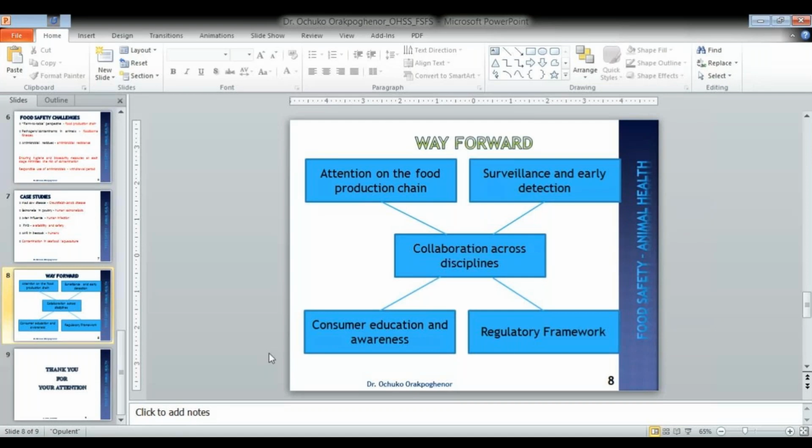Because I believe when there's awareness, people will get to know the implication of using antibiotics without prescription or with no control. I believe with that, food safety with respect to antimicrobial residues will be taken care of. It's proper awareness. Thank you.